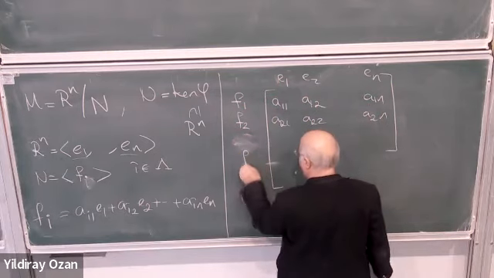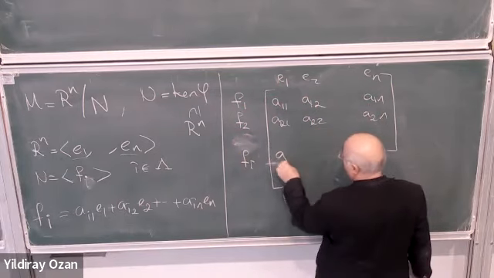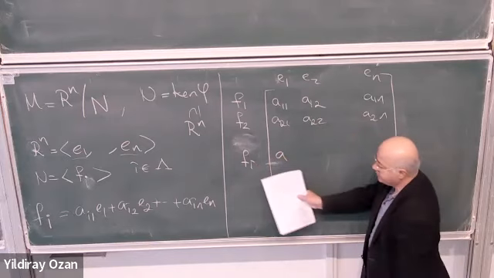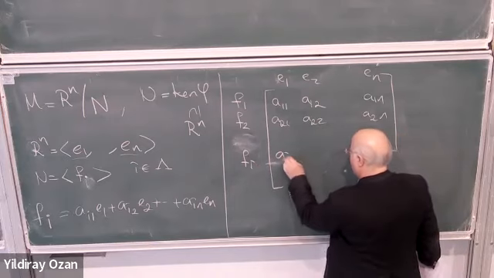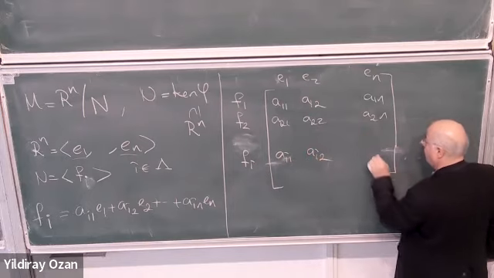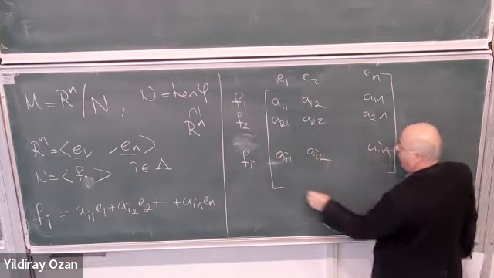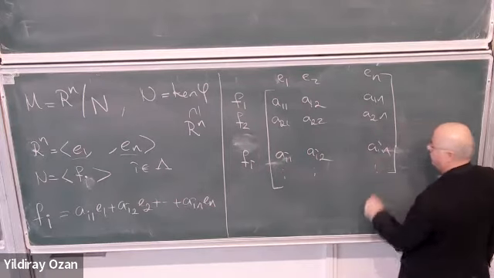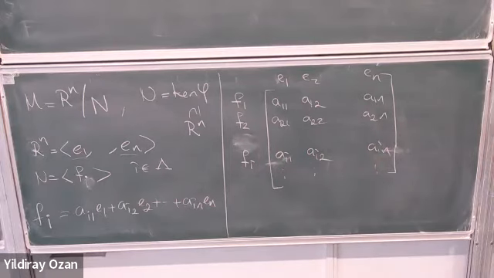So the coefficients of the ith element are just ai1, ai2, ain, and so on. Okay.